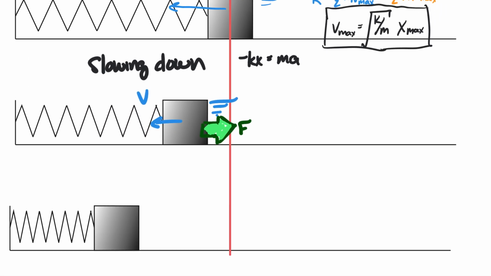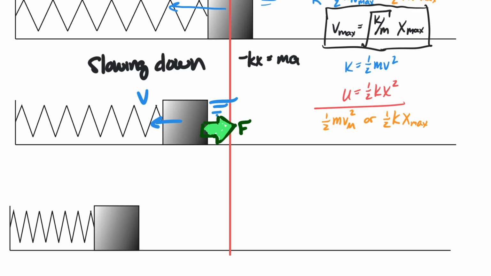Now it's still in the middle. So it has kinetic energy equal to 1/2 mv squared, something in the middle. It has potential energy equal to 1/2 kx squared, again, something in the middle. And all of this has to equal either 1/2 mv max squared, or 1/2 kx max squared.